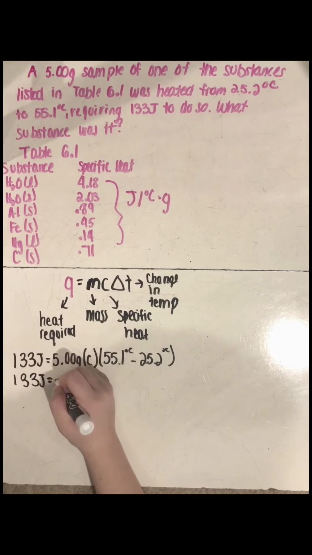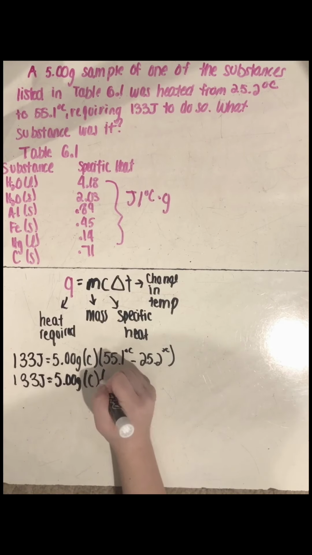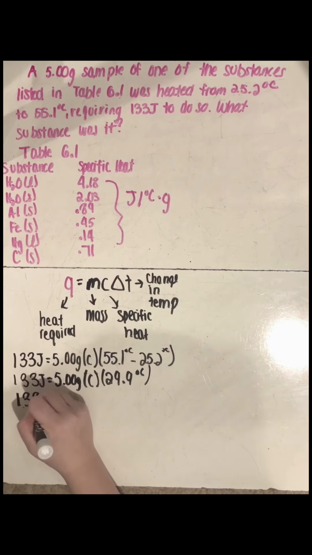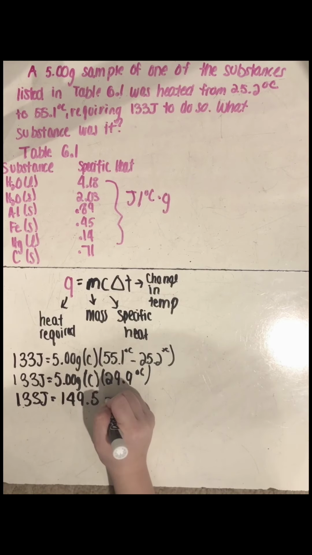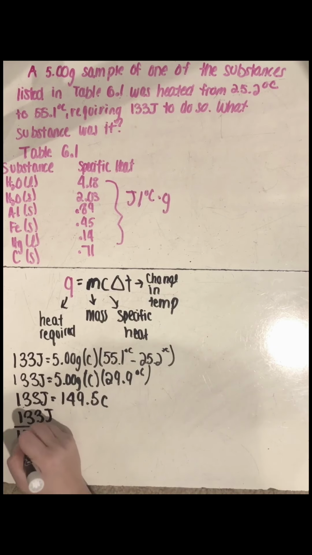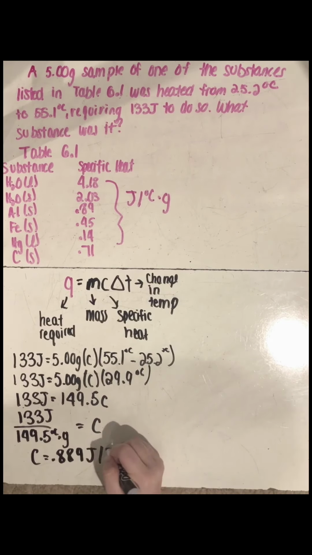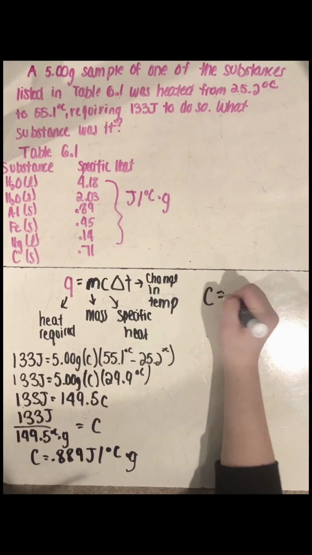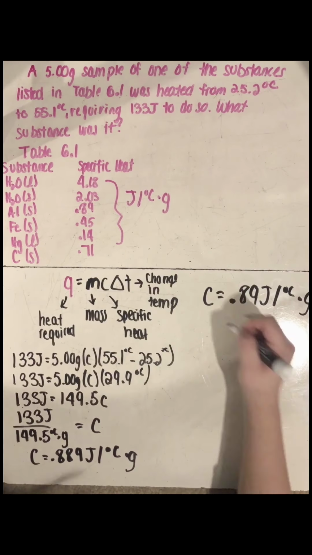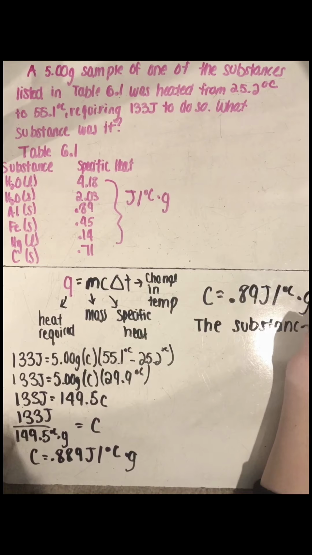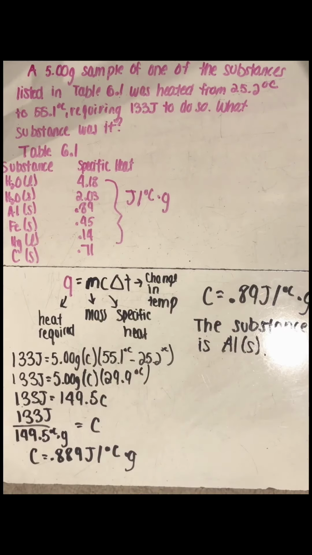Next, I condense the equation by subtracting the initial temperature from the final temperature. Next, I multiplied the 5 by the 29.9. Finally, I divided 133 by 149.5 to get a specific heat of 0.889 joules per gram degree Celsius, which rounds to 0.89 joules per gram degree Celsius. The substance, therefore, is aluminum solid.